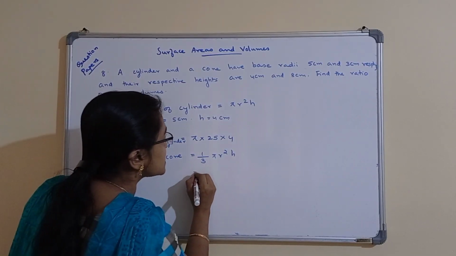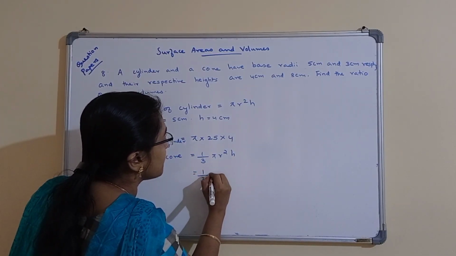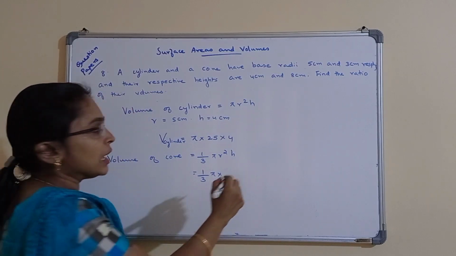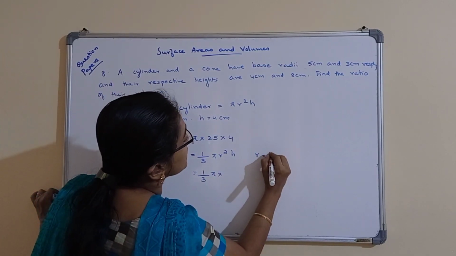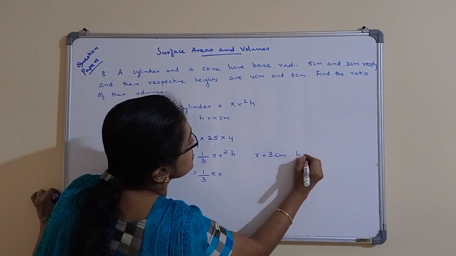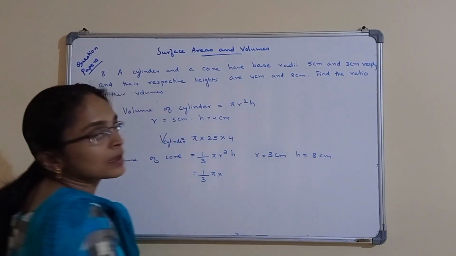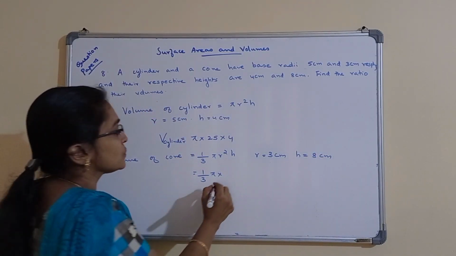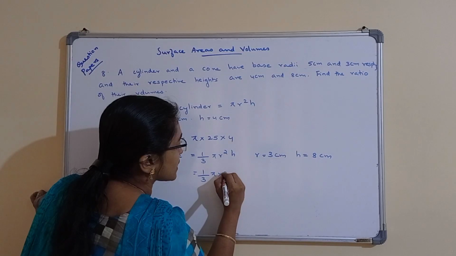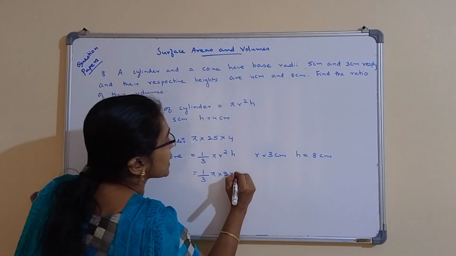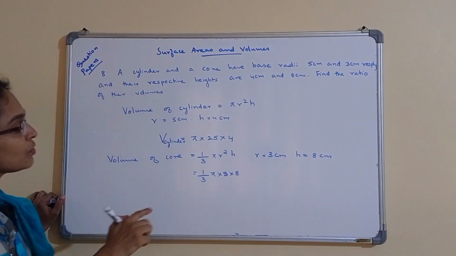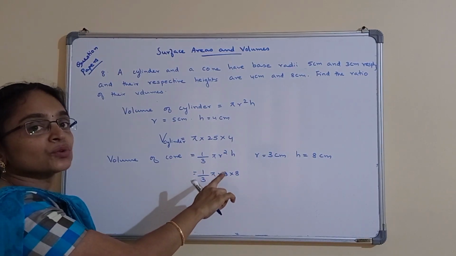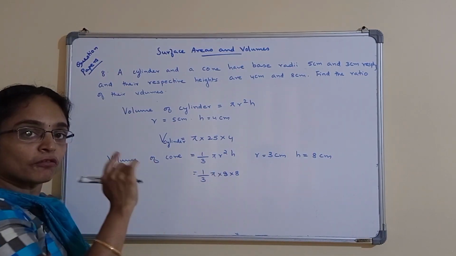So this is equal to 1 by 3 pi into r is equal to 3 centimeter and h is equal to 8 centimeter. So 1 by 3 pi into 3 into 3, that is 9, into 8 is the volume of cone.